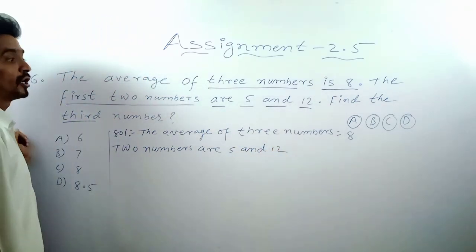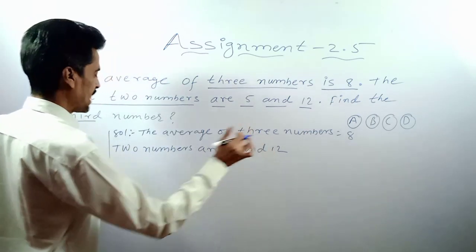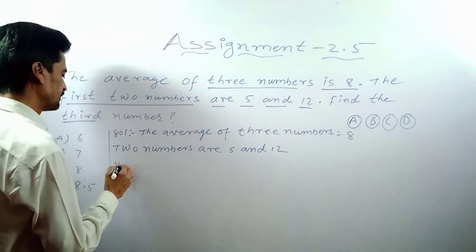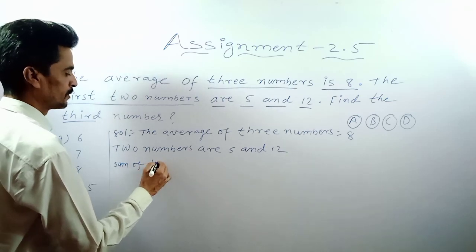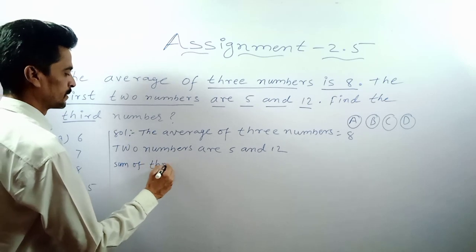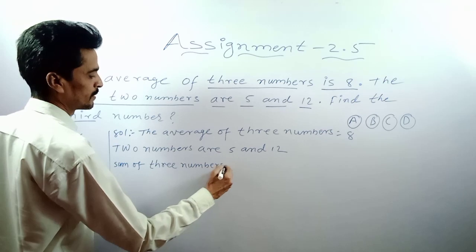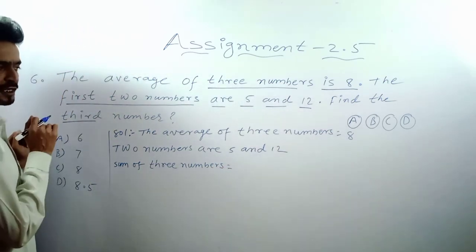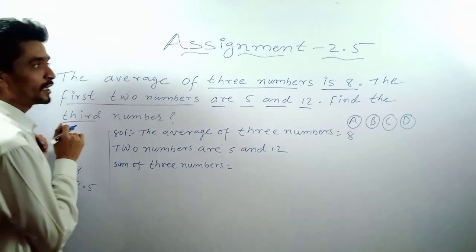So find out the sum first. Sum of 3 numbers and sum of 2 numbers. Sum of 3 numbers equals, are there given 3 numbers? No. What given there? Clue is given.